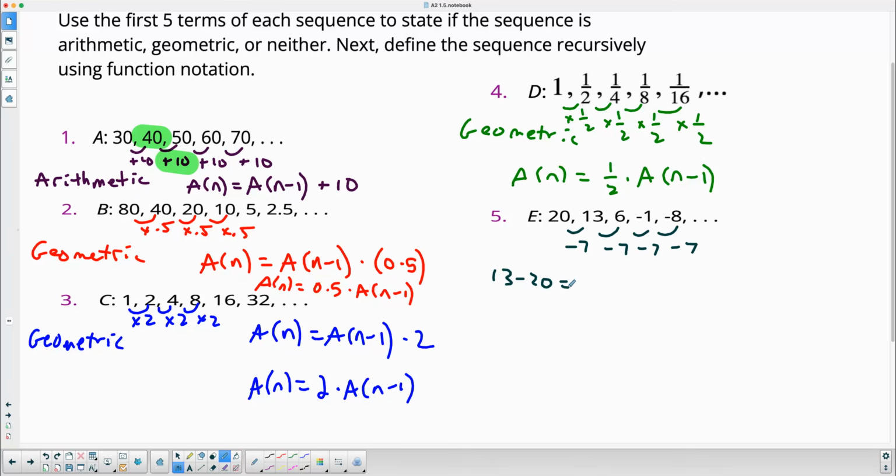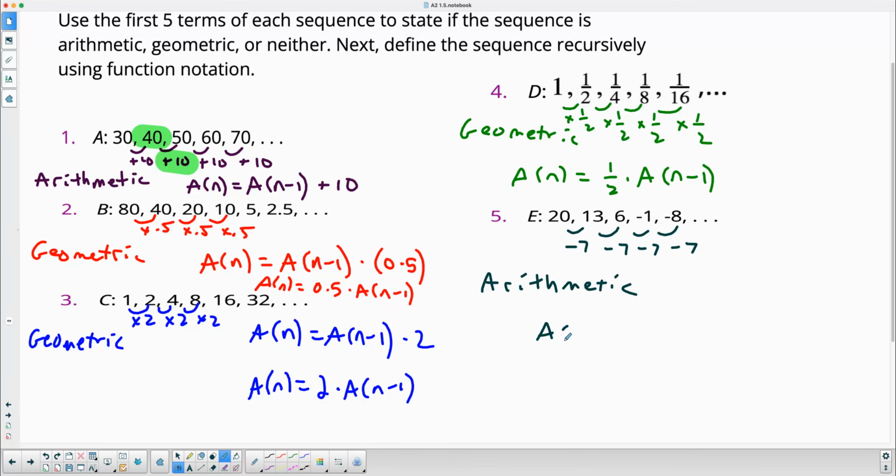Always subtract the previous term. 6 minus 13. -1 minus 6. And you see you get the same. Here's the only tricky one, minus -1. That becomes a +1. So this is really going to still give you -7. So I missed that negative sign. But yeah, you could check it that way. That's what we learned in the last lesson. So this one would be arithmetic.